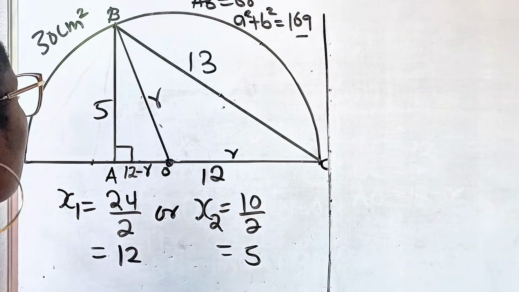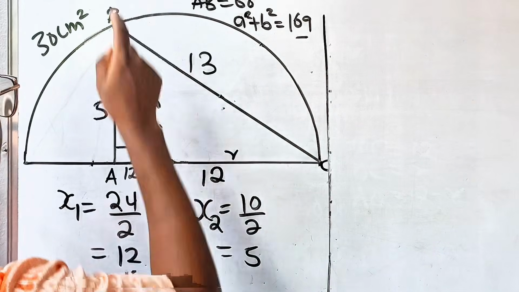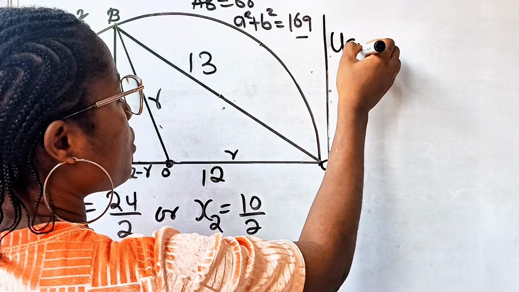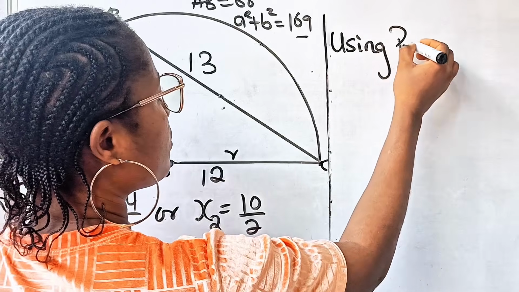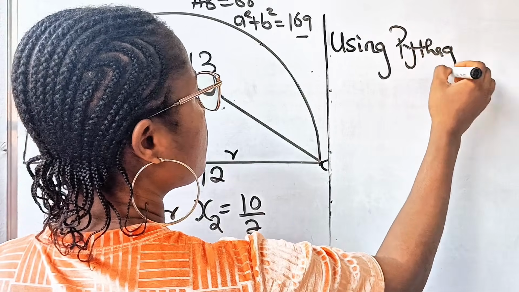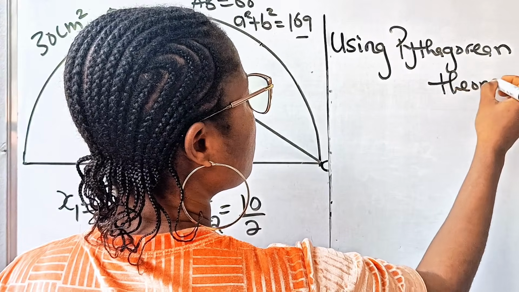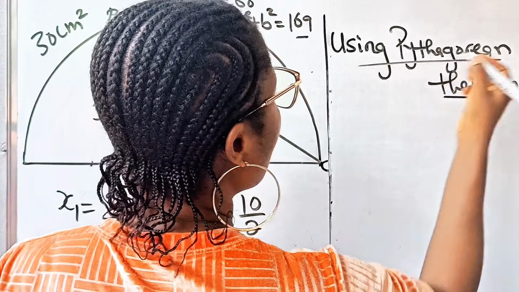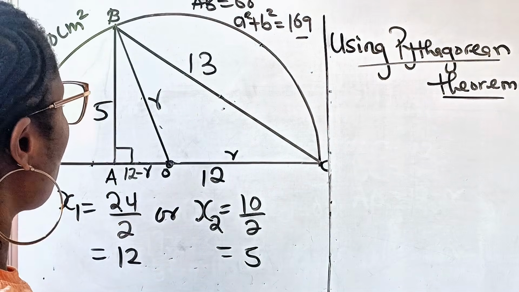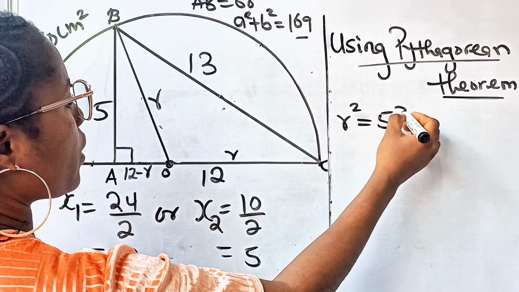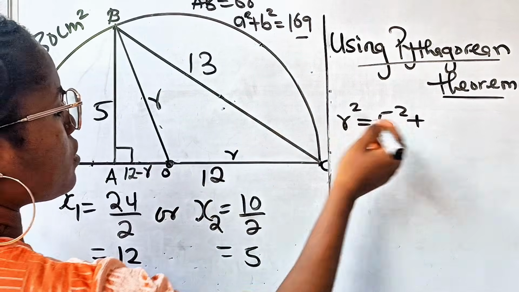Looking at this triangle, triangle AOB is a right angle triangle. So using Pythagorean theorem, we'll have that R squared will be equal to 5 squared plus 12 minus R squared.